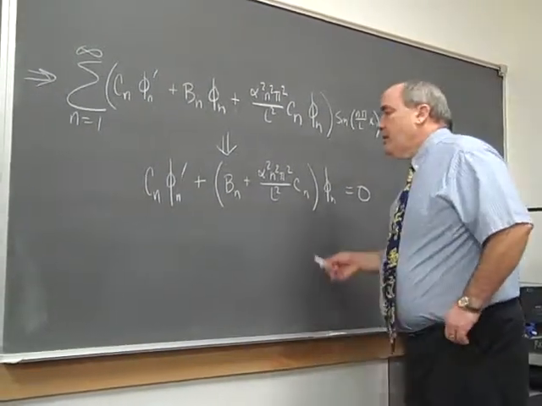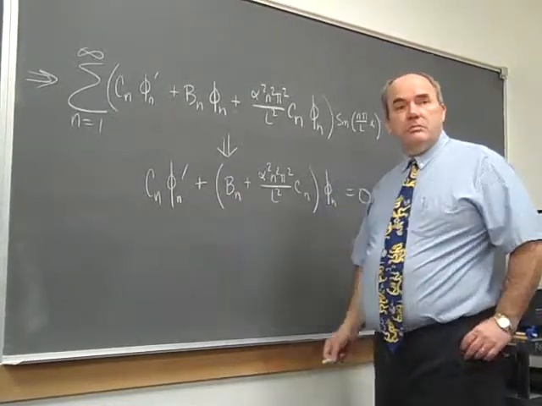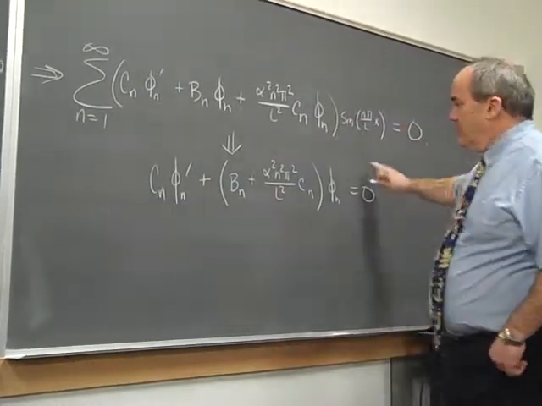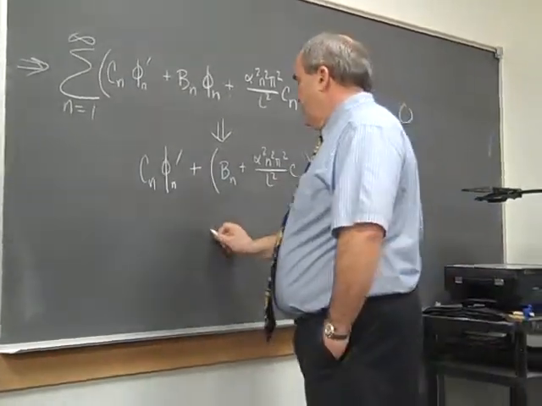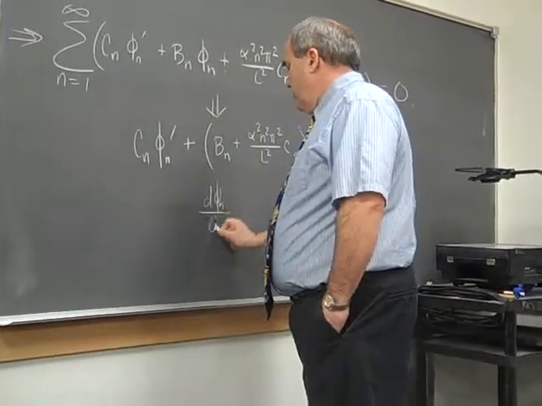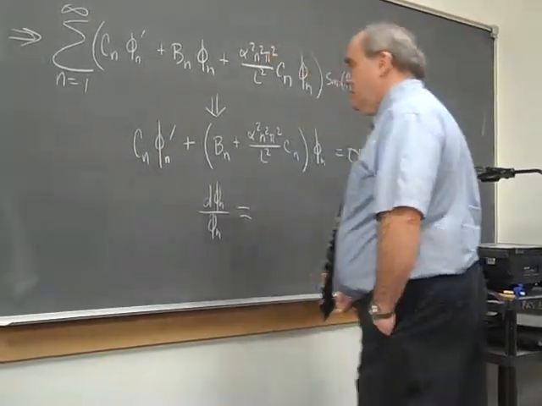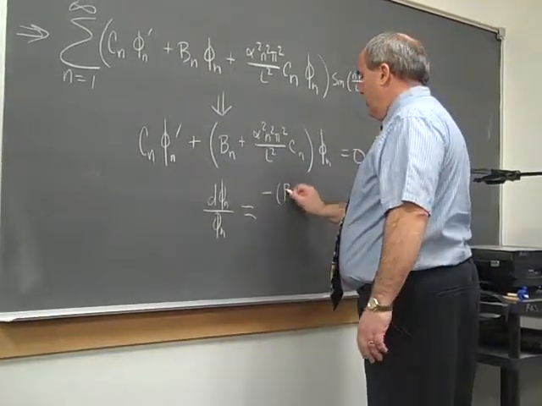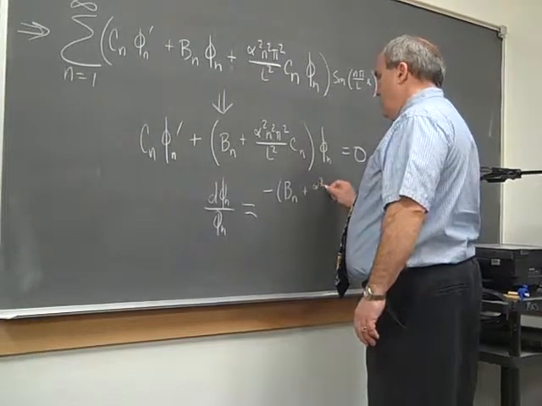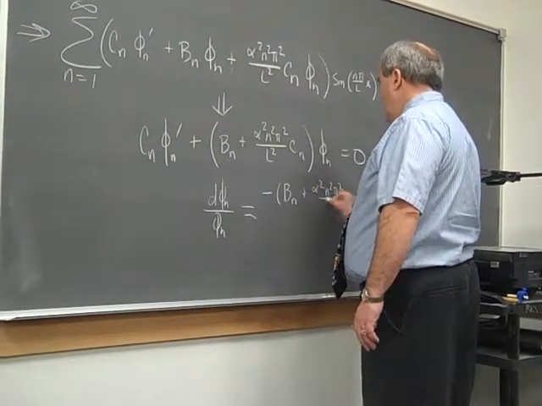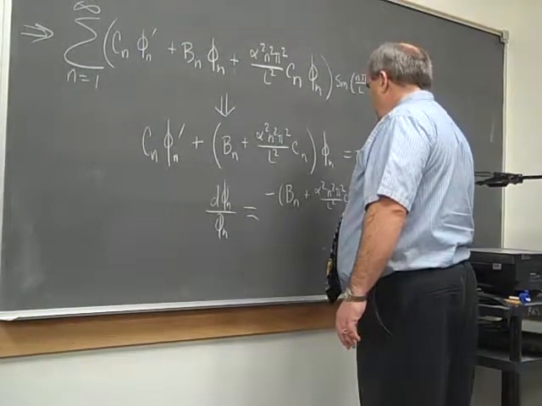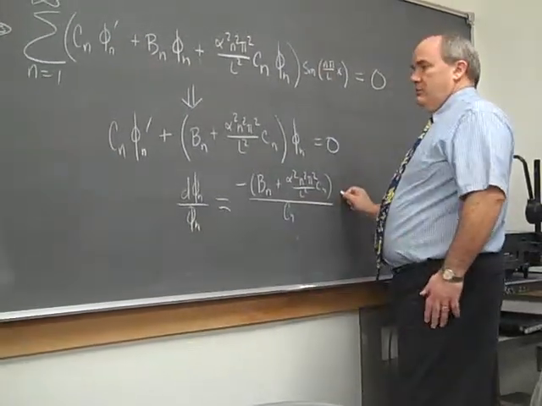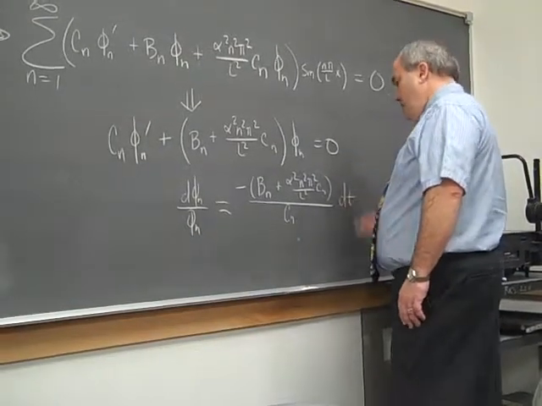Alright. Now, like I say, this is a separable ODE. So we bring this over here and we divide by phi sub n. I would have d phi sub n over phi sub n is equal to, well, if I bring that over, I'm going to have minus b sub n plus alpha squared n squared pi squared over L squared c sub n, divided by c sub n times dt.